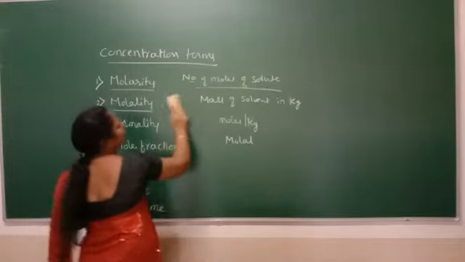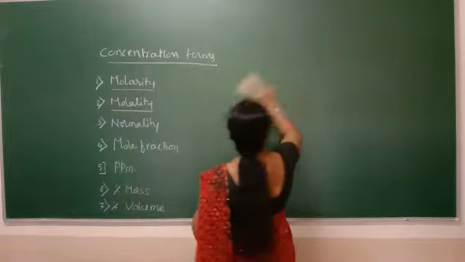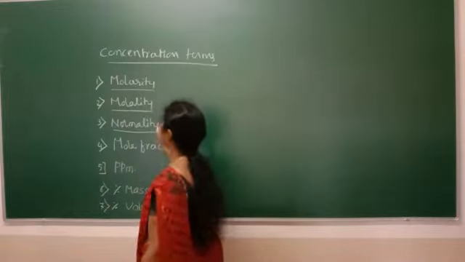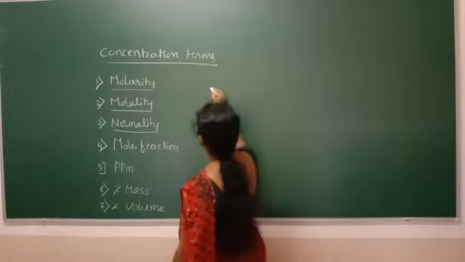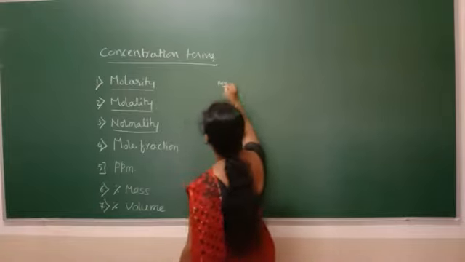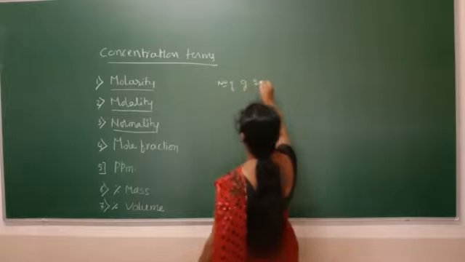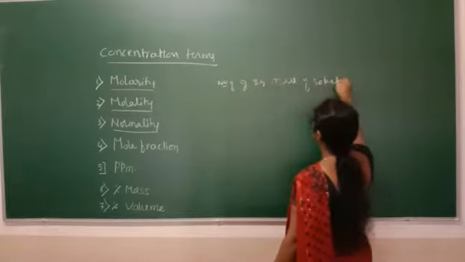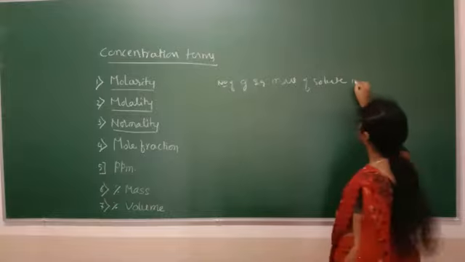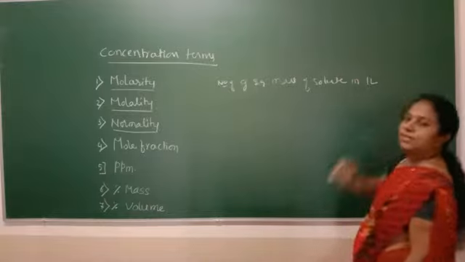Next, we will go through the third concentration term, called normality. What is normality? Normality can be defined as the number of gram equivalent mass of solute dissolved in 1 liter of solvent.